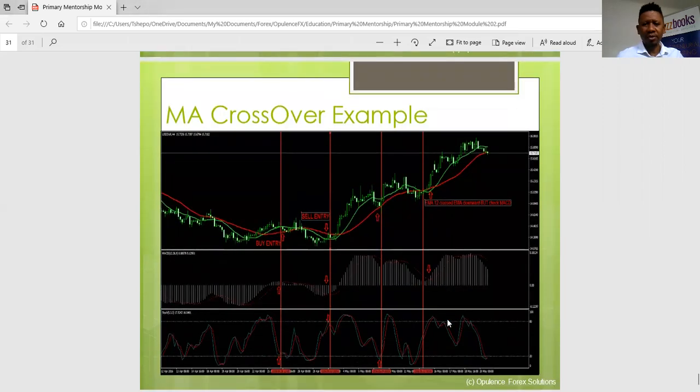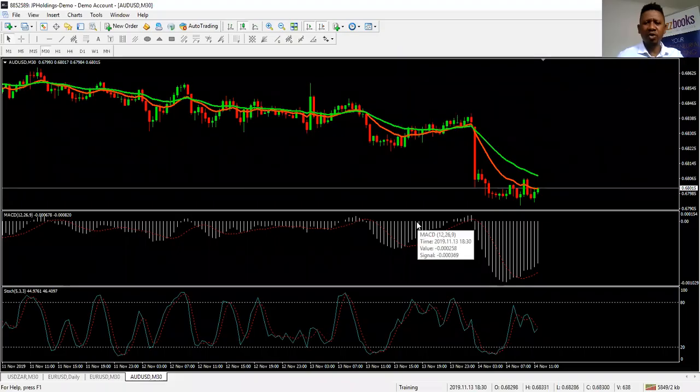Right, so let's get to the system then, just to demonstrate now. We are now on the Aussie US dollar. We remember that we had opened our chart on Australian dollar.